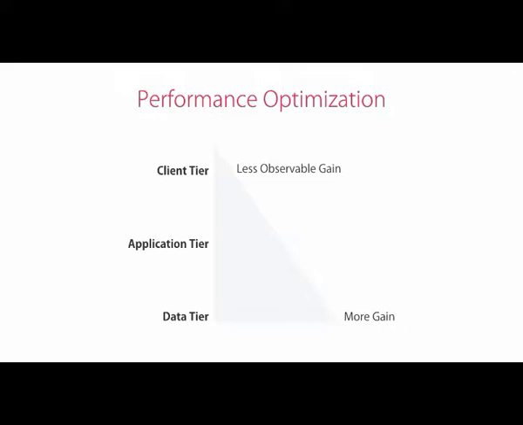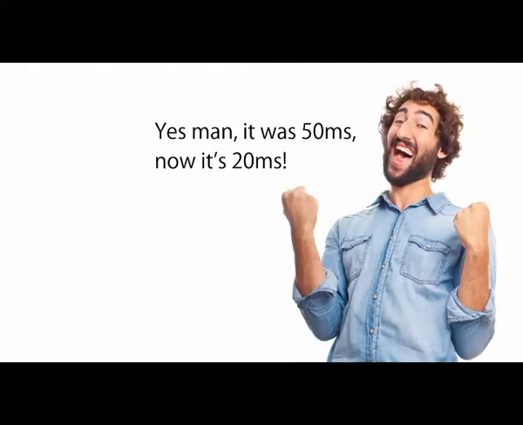Note the word observable. This is the key here that a lot of developers don't take into account. They spend a lot of time on various kinds of optimizations, and they feel proud that they have reduced the execution time of some activity from 50 milliseconds to 20 milliseconds, even under load. Yes, in theory, there is a 250% improvement here. But is this really observable to the end user? Does this really bring value to the business? Probably not.